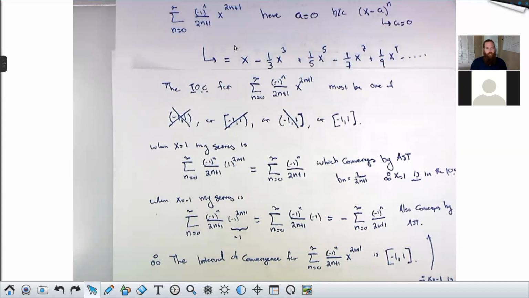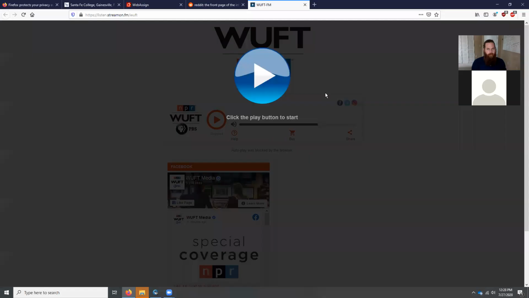This series, my series, written out looks like this. So the first partial sum is just x. The second partial sum is x minus 1/3 x cubed. The third partial sum is x minus 1/3 x cubed plus 1/5 x to the 5, and so on. So let's look at the sequence of partial sums for this power series. I'm going to tab over to Desmos.